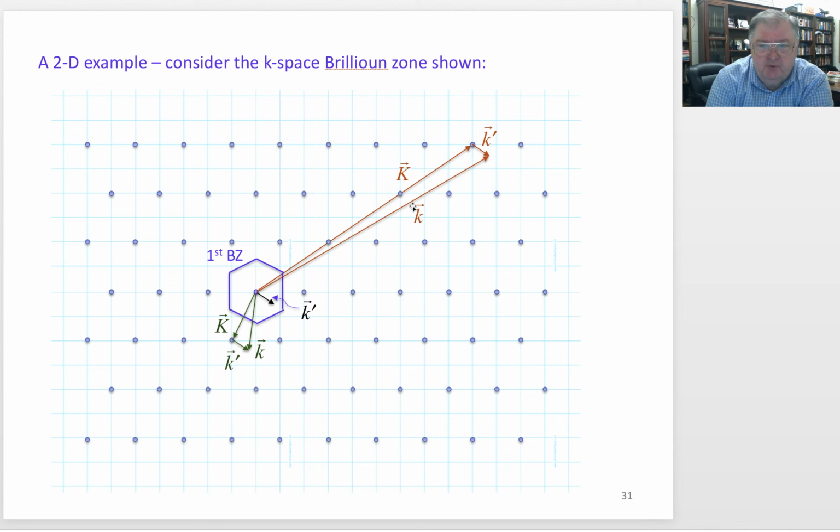The difference between these two is K prime. But this vector gives me the same result as I would get from this vector. In other words, all I've done is taken this K prime vector and slid it back to here, and I get exactly the same thing. So to know what's going on out here, I could figure that out from what's going on inside the first Brillouin zone.